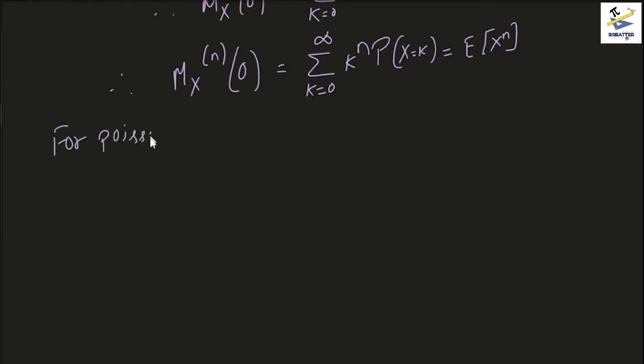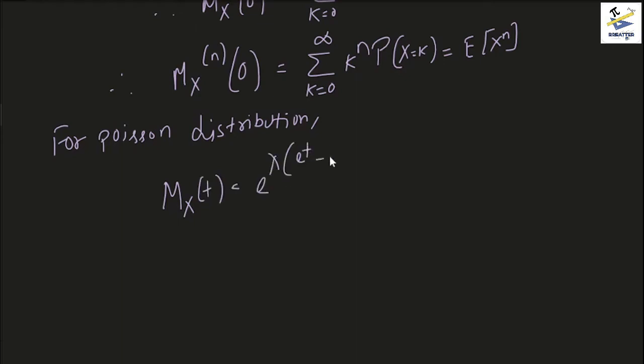For the Poisson distribution, we have that, therefore let us find the three derivatives first, and then we shall move on to find the moments.